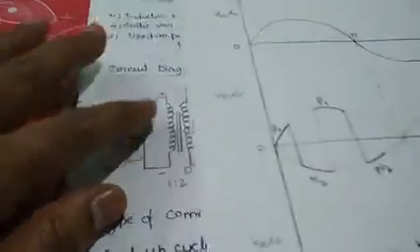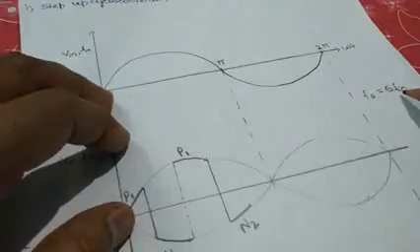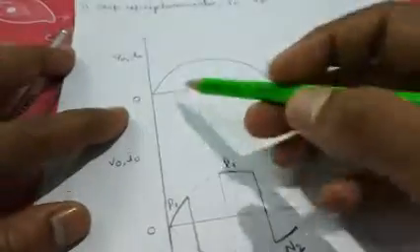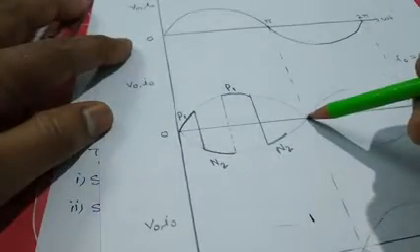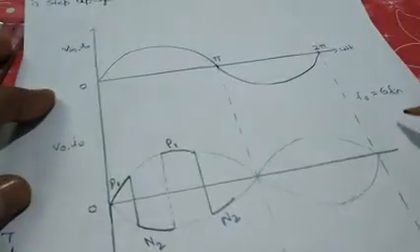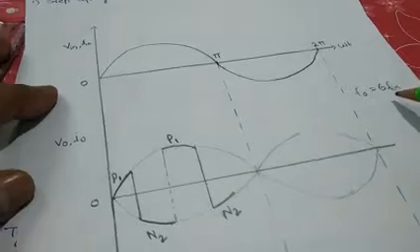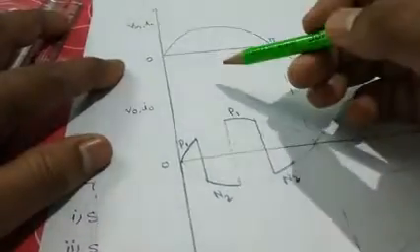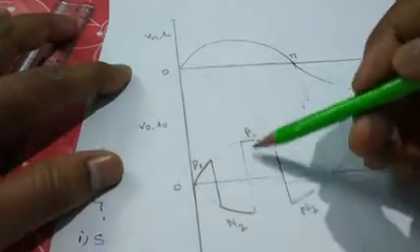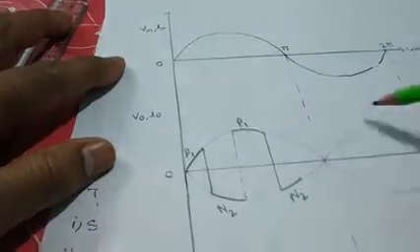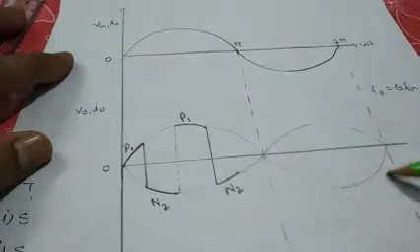Again, we need a 6 times frequency. That means for a half input cycle we need 3 complete cycles. If we want to boost up to 6 times the frequency, then for a half input cycle we must have 3 complete cycles, then only in a complete input cycle will we have 6 cycles.